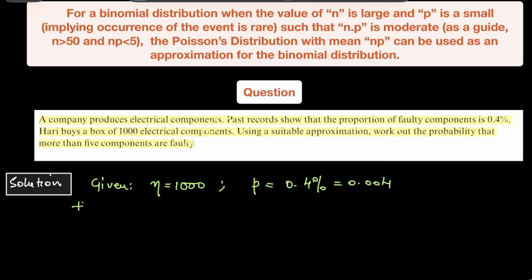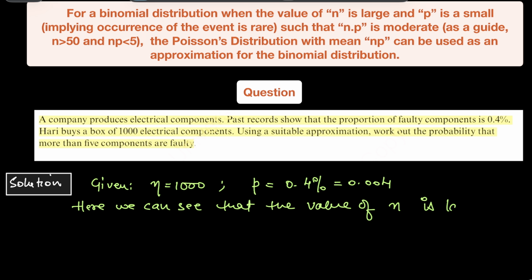So here we can see that the value of n is large. And when I say the value of n is large, I actually mean that n is greater than 50.